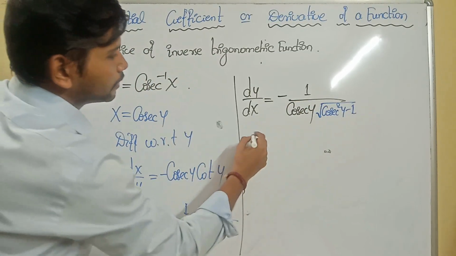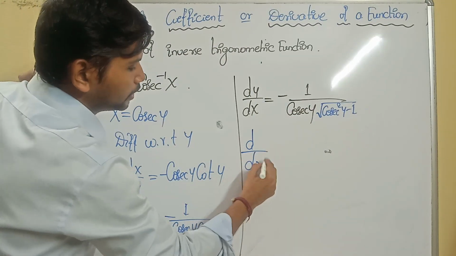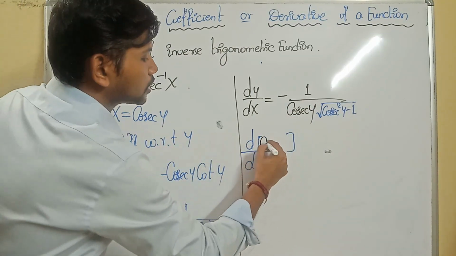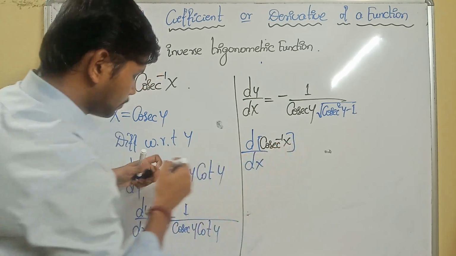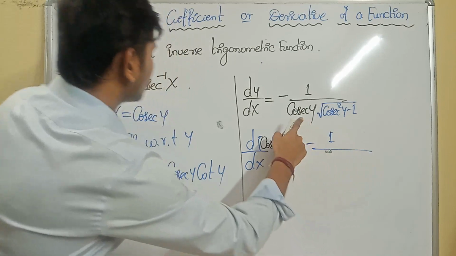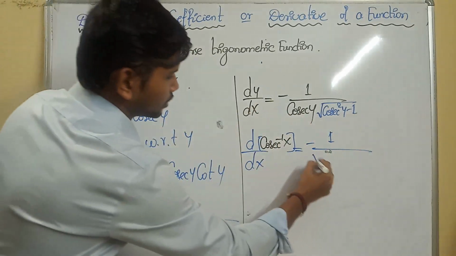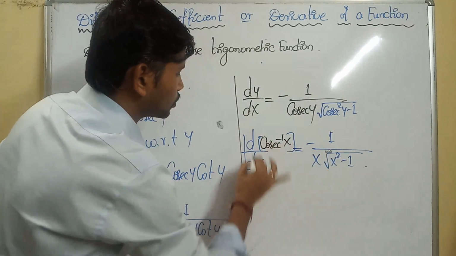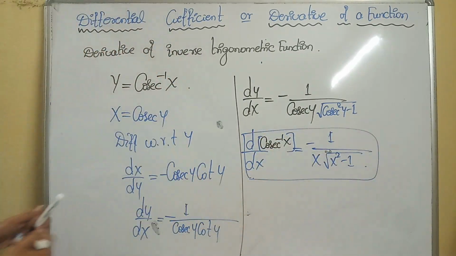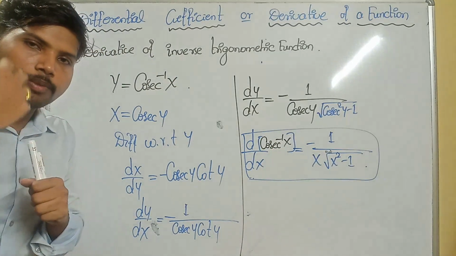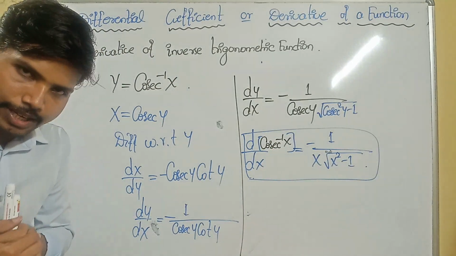Then d by dx of y, which is cosecant inverse of x, is equal to minus 1 divided by cosecant y, which is x, times the square root of x square minus 1. This is the formula for cosecant inverse of x. Remember all these formulas, which will be helpful for the next part. Okay, thank you.